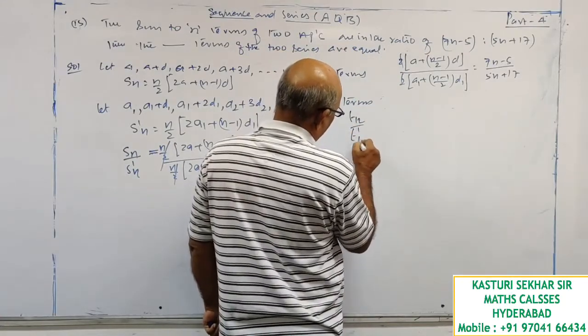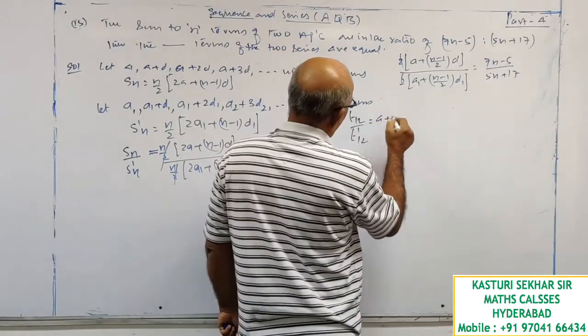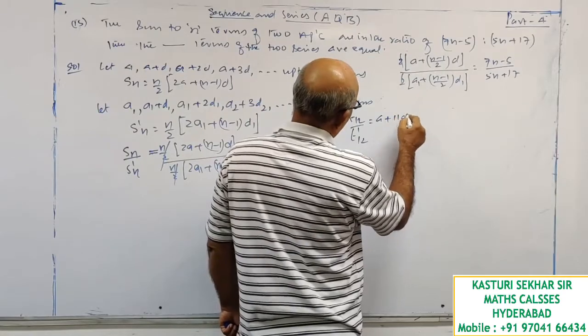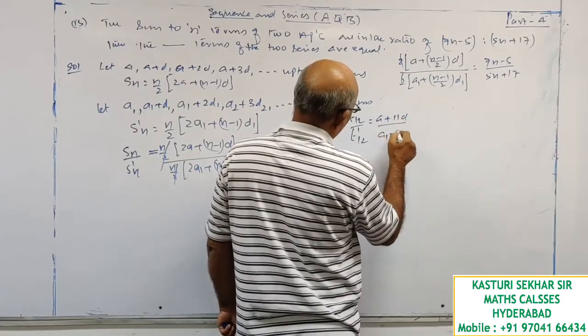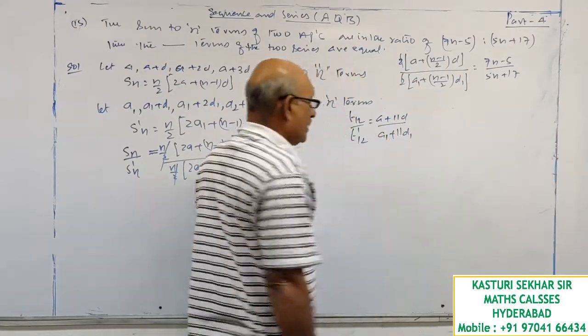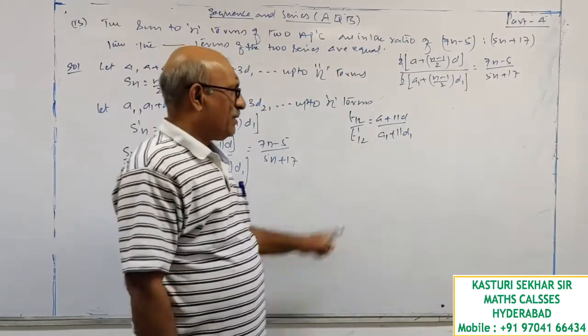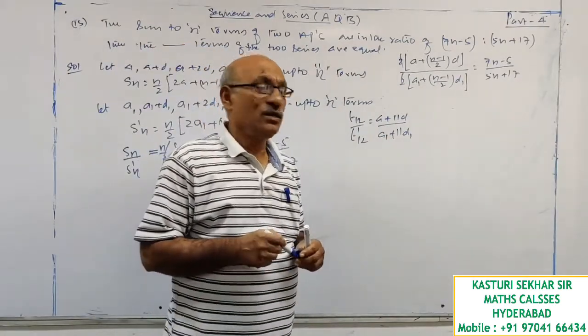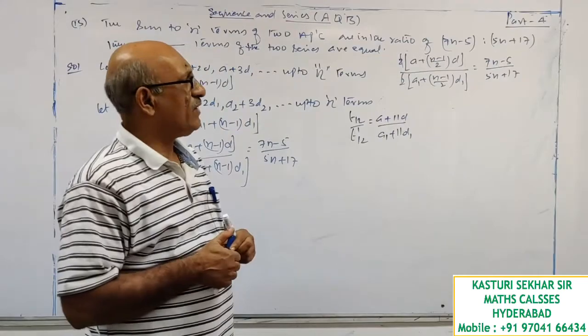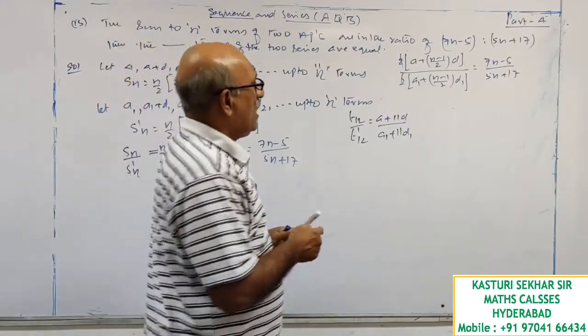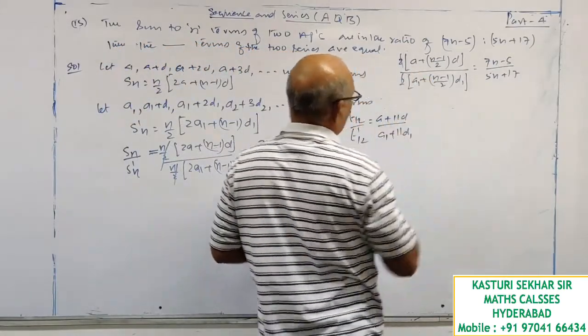T12 divided by T dash 12 is a plus 11d divided by a1 plus 11d1. This is the ratio of the 12th terms of the two series. Let me compare the left hand side of these two.